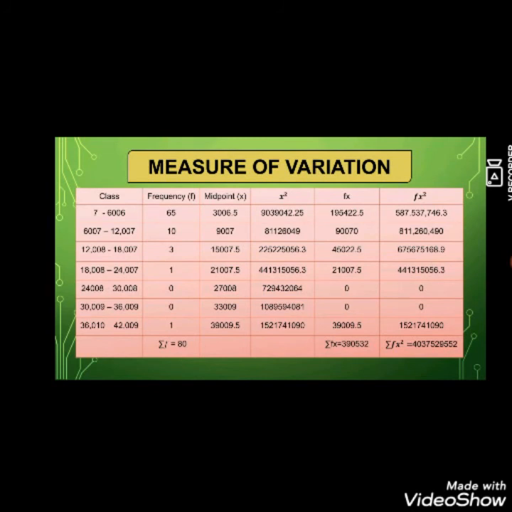Lastly is measure of variation. For sample variance, using the formula given, we got the answer, 250 million 506,000 452.4 for our sample variance.